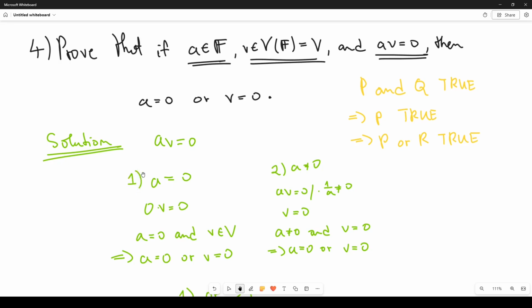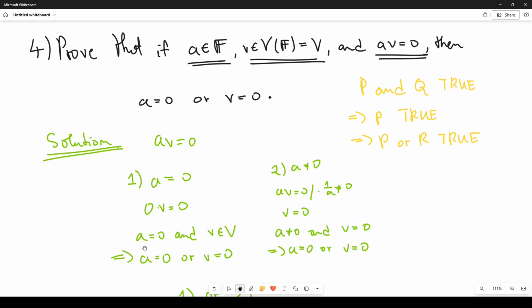In the first case, let's suppose that a is equal to 0. Well, if a is equal to 0, then 0 times v is equal to 0. So in this case, a is equal to 0, and v can be any vector from the vector space, and this will hold.